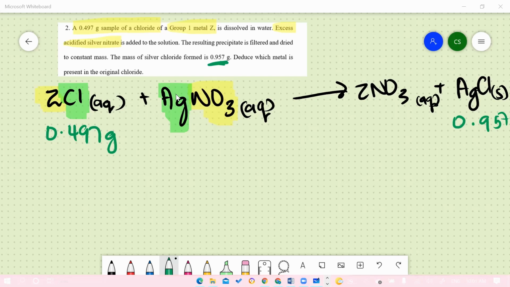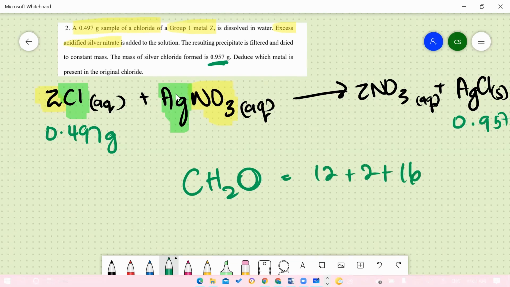Just a quick recap from class. What's the difference between the empirical and the molecular formula? The empirical formula mass would be the simplest mole ratio. Carbohydrates, their empirical formula is CH2O, so the empirical formula mass would be 12 plus 2 plus 16.